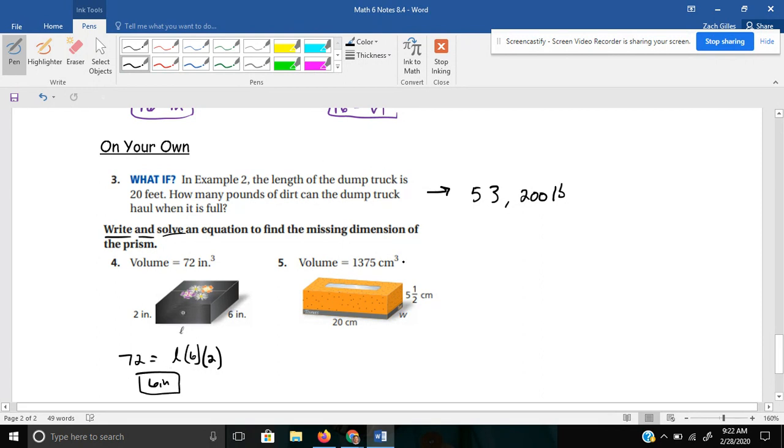You solve for the length. And for number 5, your equation would be 1,375 equals 20 times your width times your height, which is 5.5. And for an answer, you should arrive at 12.5 centimeters.